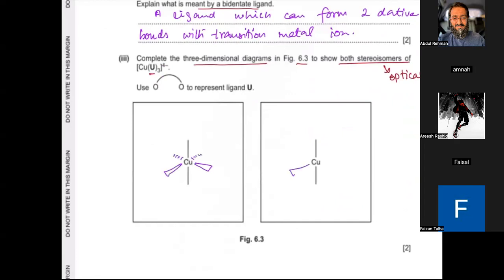First make the bonds, then make the mirror images. So the two stereoisomers are formed. Is this clear?